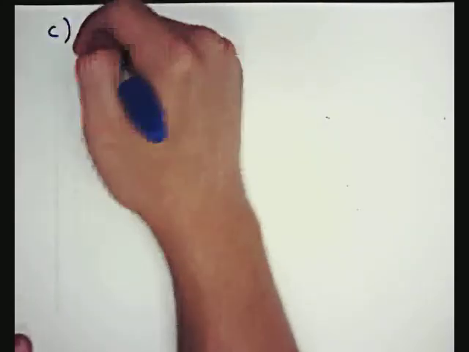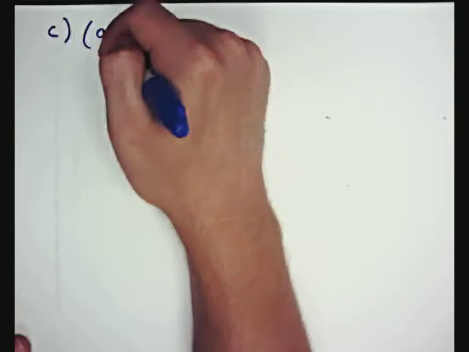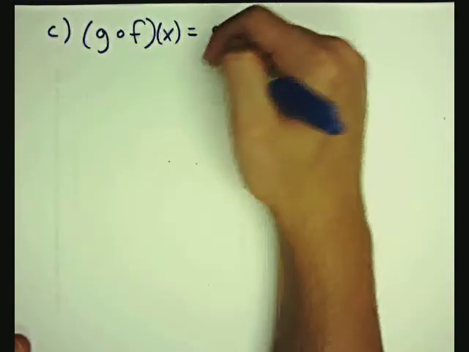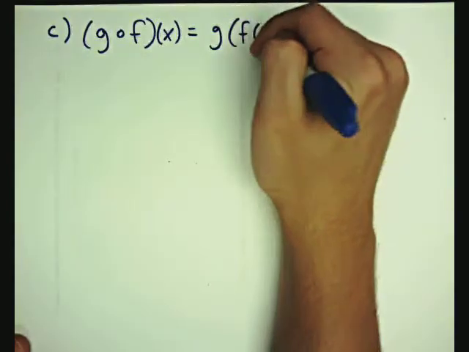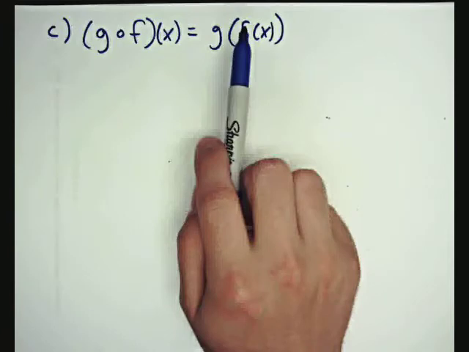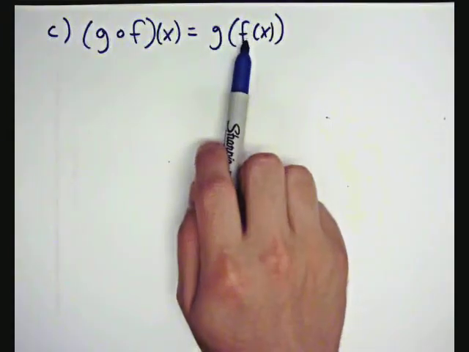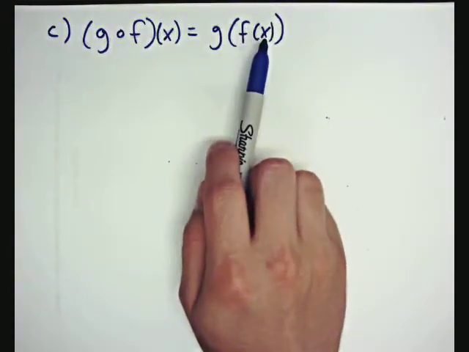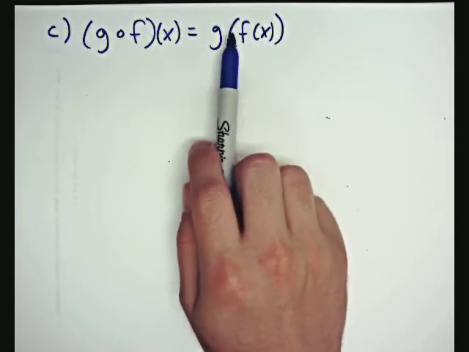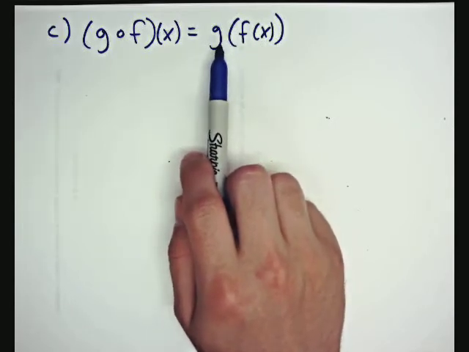Okay, in part C, we're asked to find g of f of x. So here, we want to take the function f, and since there's no specific value given, we want to input the function f into the function g.